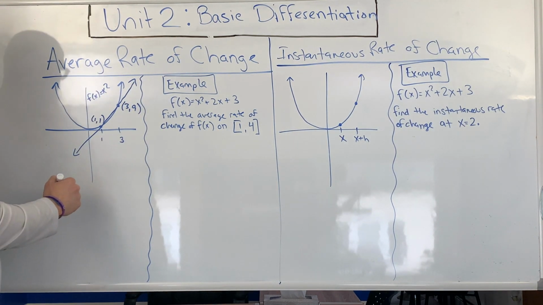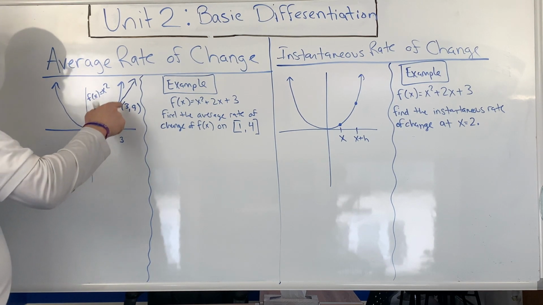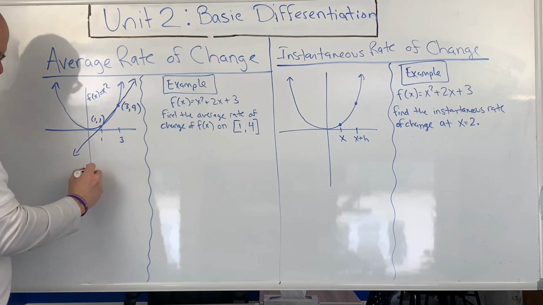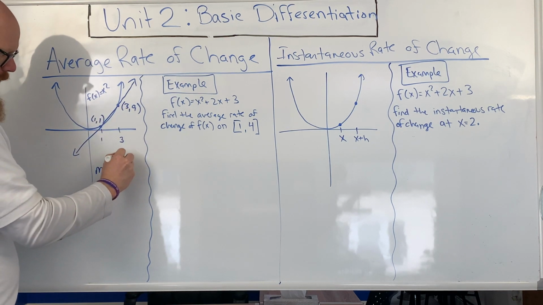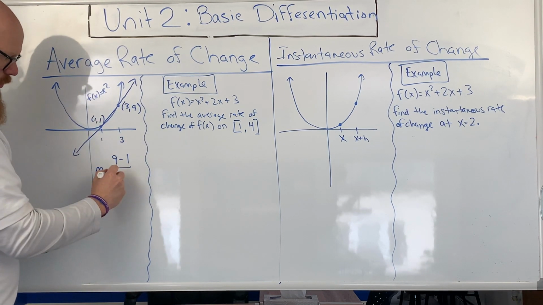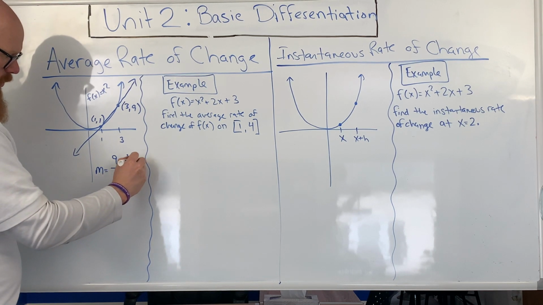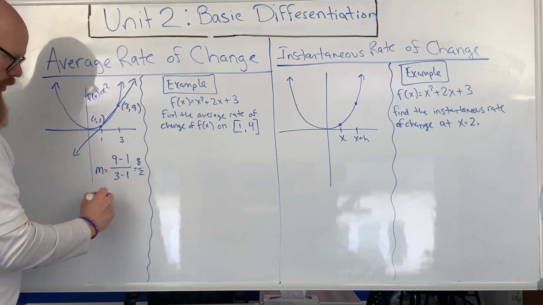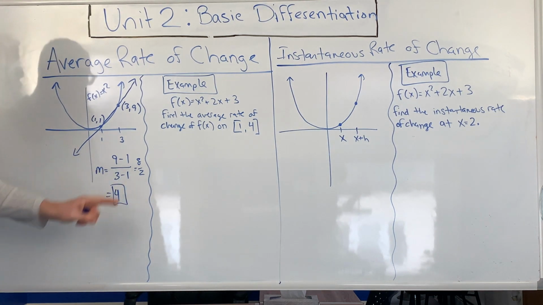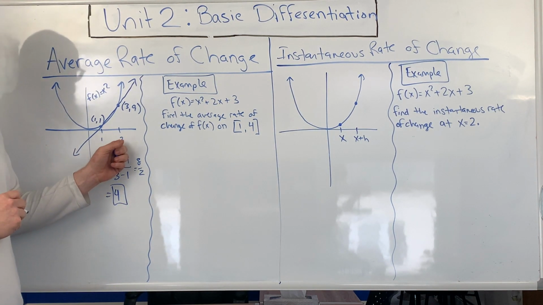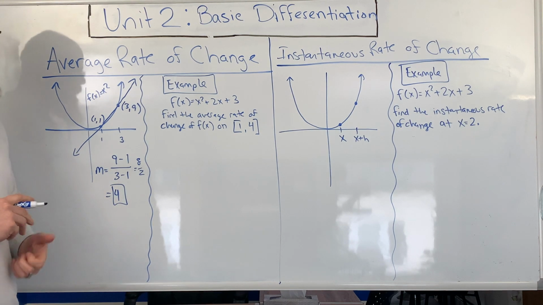And if we want to find the average rate of change, that's just the slope of the secant line. And we remember slope is just y2 minus y1 over x2 minus x1. So we get 8 over 2, which is equal to 4. So we would say that the average rate of change of this function from 1 to 3 is 4.